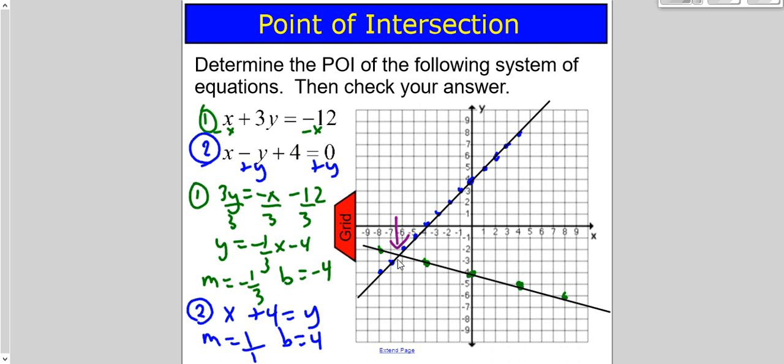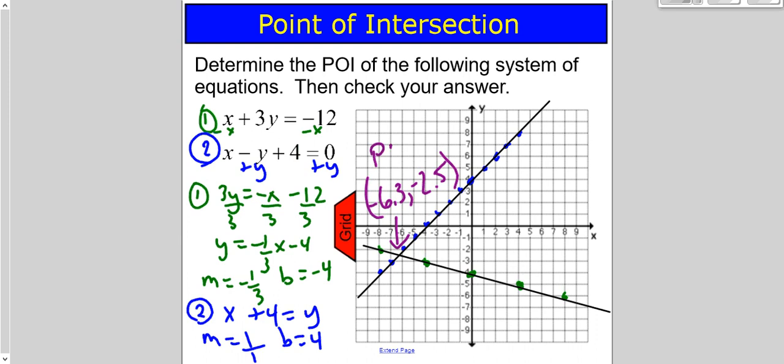Okay. And so our point of intersection is right there, which looks to be at negative 6 point something, not quite 0.5, maybe negative 6.3, and negative 2.5 it looks like.